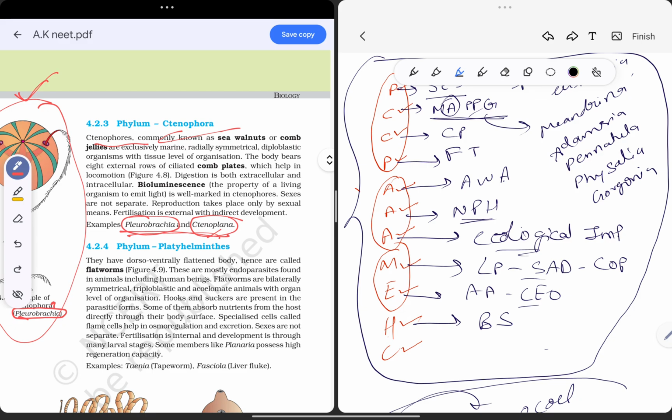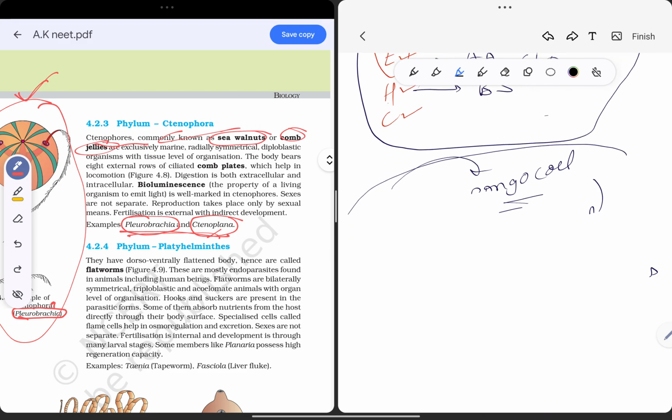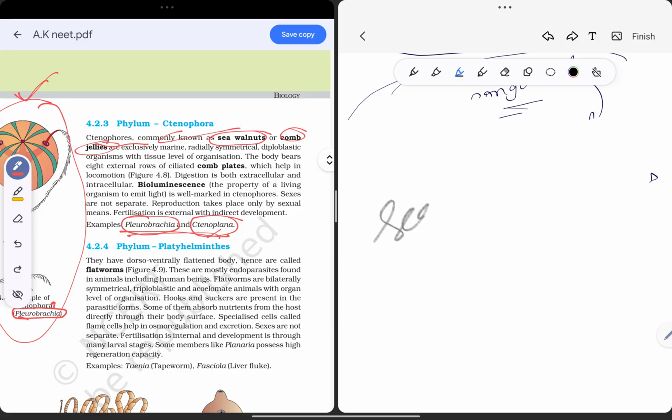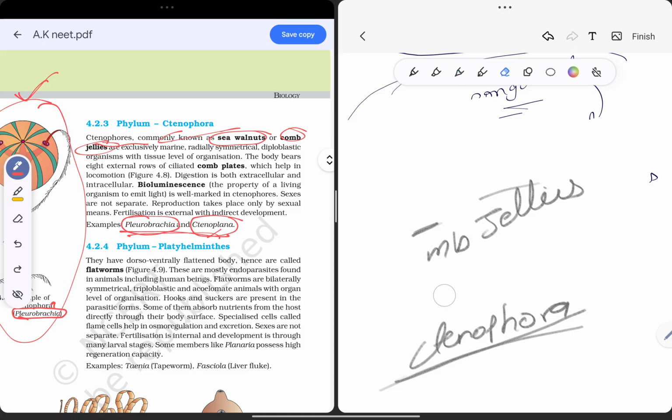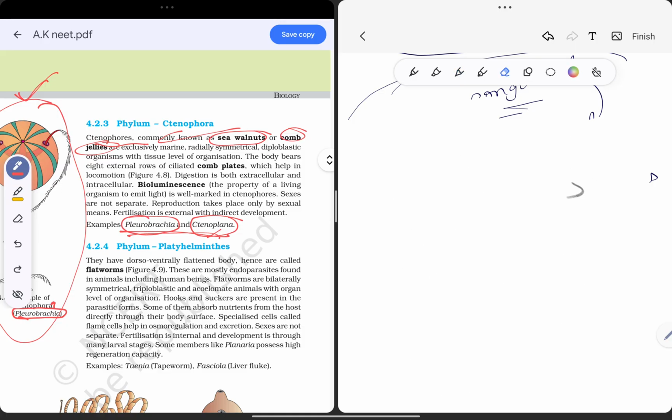Ctenophora is commonly known as sea walnuts or comb jellies. Very important. Next, they're exclusively marine.